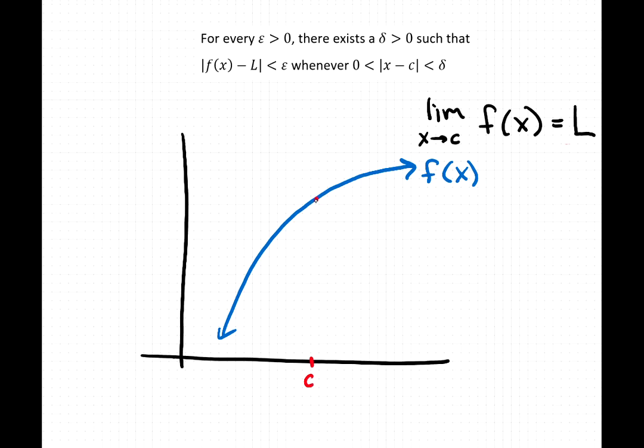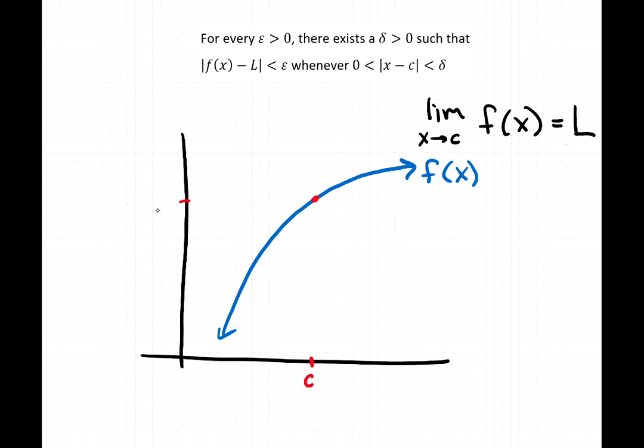And so there's this point on the graph here. And so this would be f of c. I'm using a continuous function just for simplicity's sake, but the function doesn't have to be continuous necessarily.